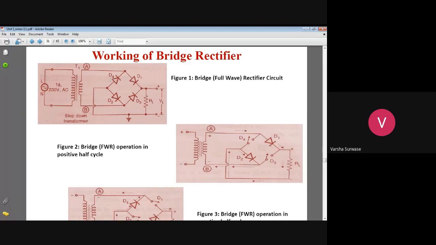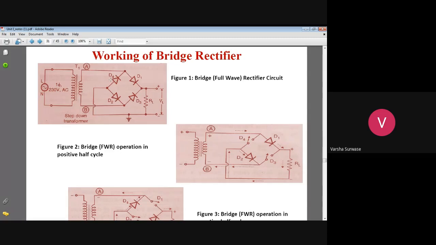So the transformer utilization is best possible when we are using a bridge rectifier. Also, this bridge rectifier doesn't require a center tap transformer. The cost of the center tap transformer is high as compared to the two terminal transformer.